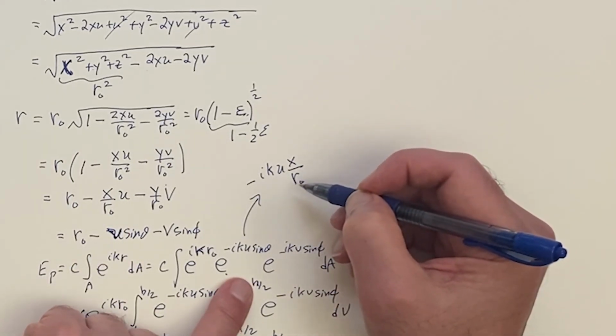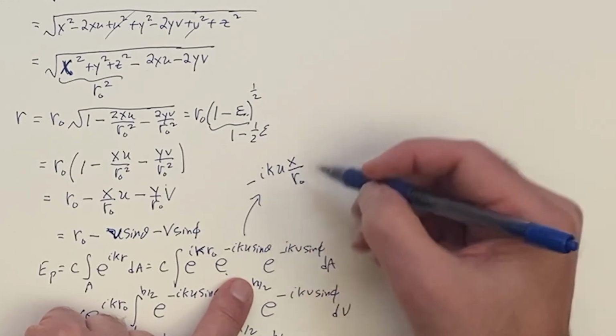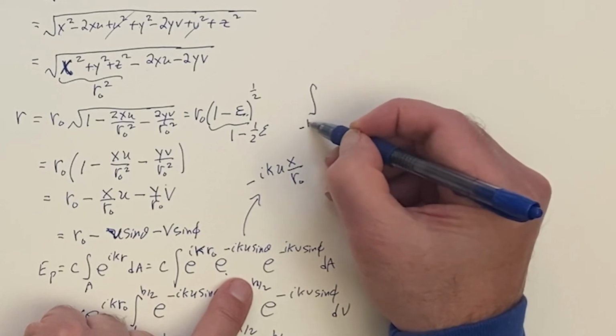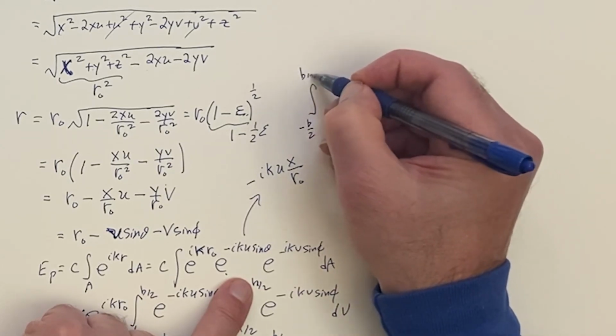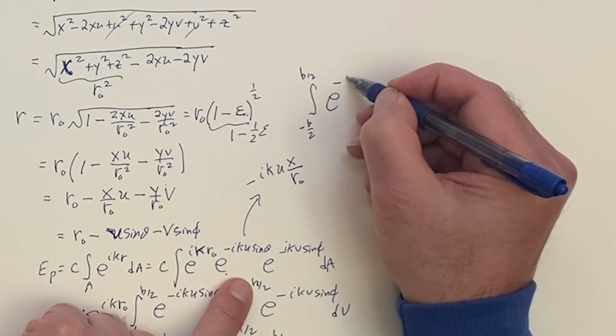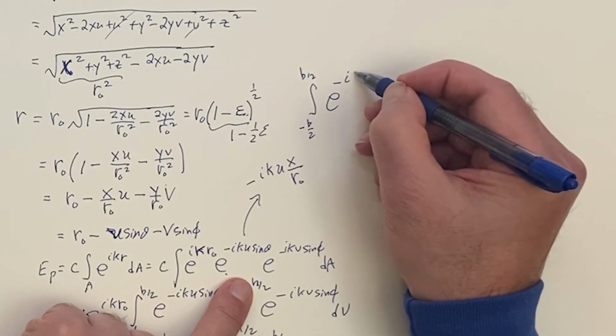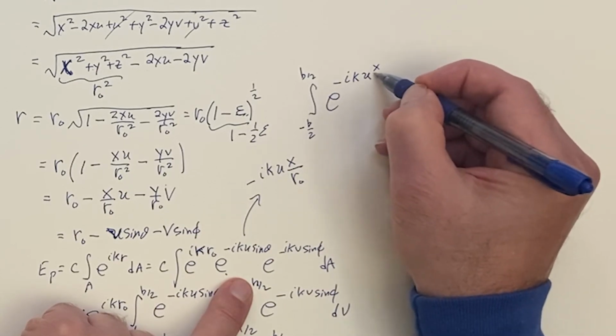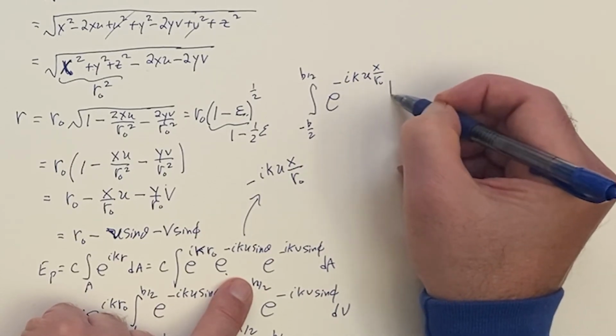All right, so we're looking at some integral here. We're going from, say, minus b over 2 to plus b over 2, and we have e to the minus i k u x over r naught, and that's du.